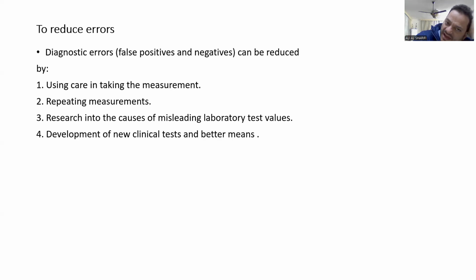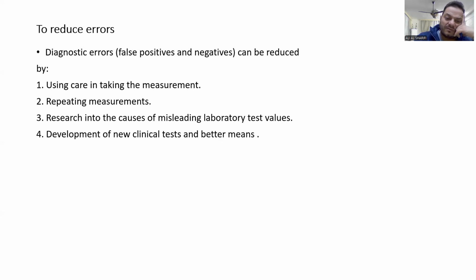Research into the causes of misleading laboratory test values is also needed, and the laboratory must be good so we can trust the results.